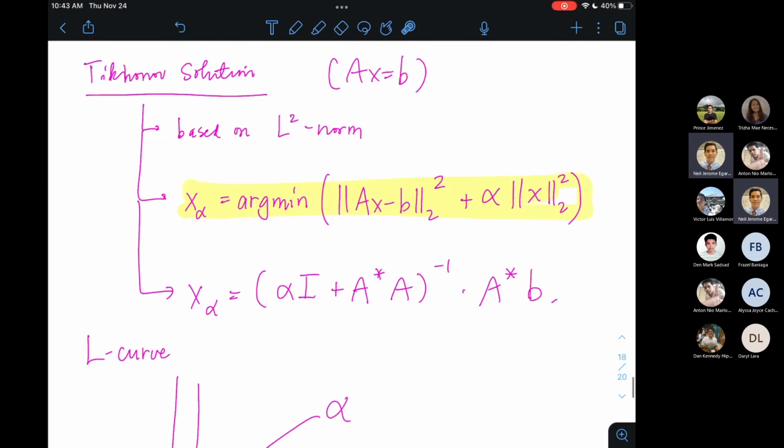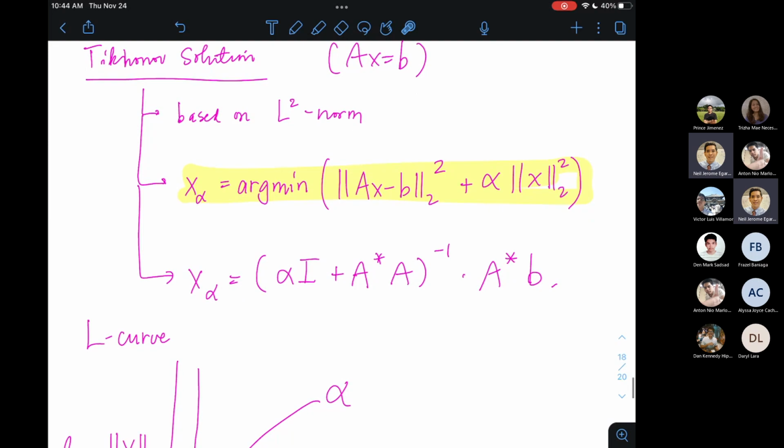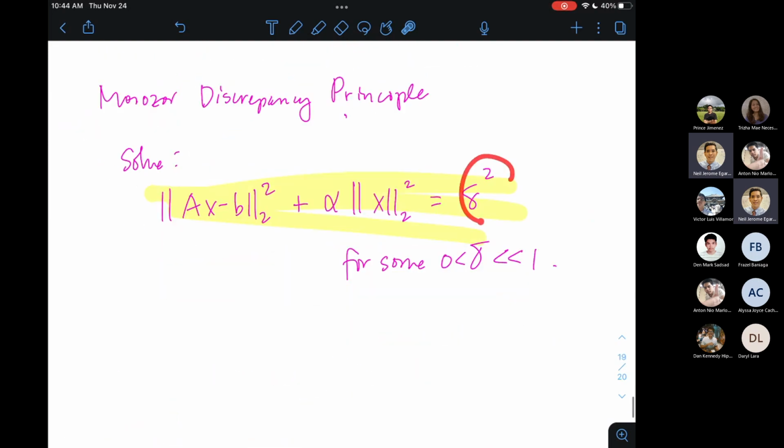Just tell your computer what is the tolerable value of this sum for you. Of course, you want it to be close to 0. But if you have a little bit of wiggle room, you don't need this to be very, very close to 0. Probably you can afford it to become, say, 10 to the minus 3, 10 to the minus 4, and so on. So ikaw yung magbibigay ng acceptable delta.